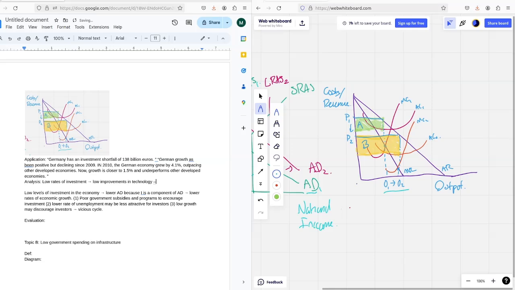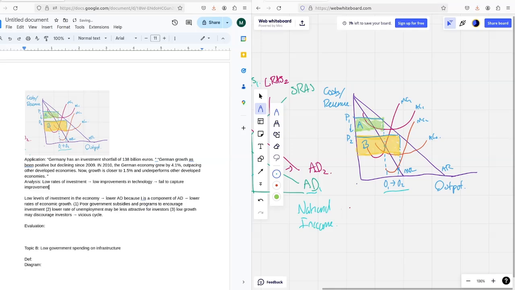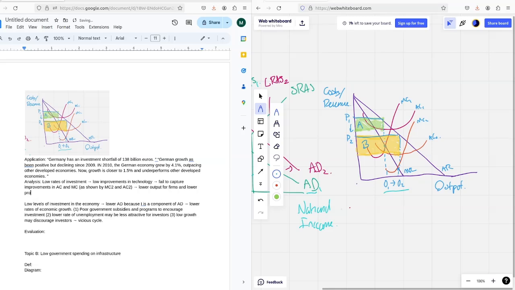We fail to capture improvements in average cost and marginal cost, as shown by MC1 and AC2, which leads to fewer profits, lower output for firms, and lower profits, which in turn leads to less investment from businesses.